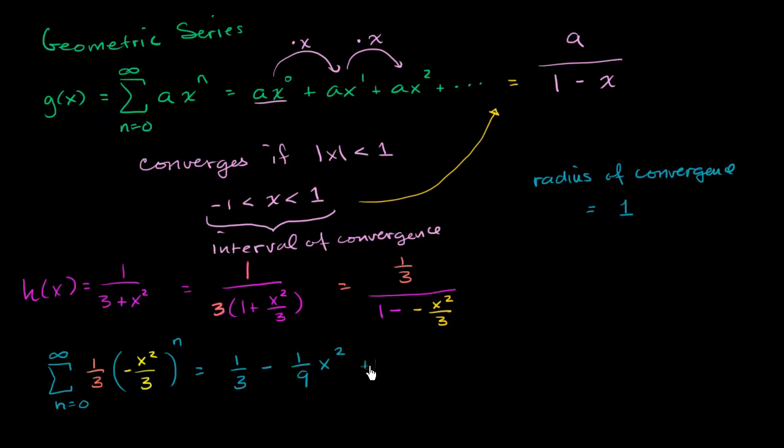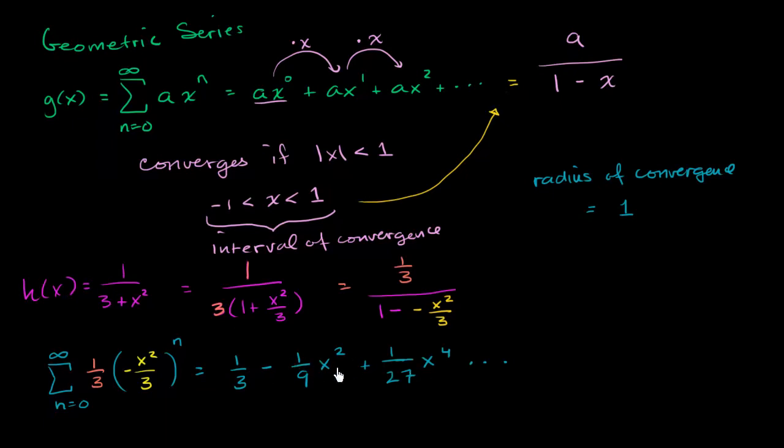So it's going to be plus, the negative times a negative is a positive, plus 1 over 27 x to the 4th, x squared times x squared, and we just keep going on and on and on. And when this converges, so over the interval of convergence, this is going to converge to h of x.